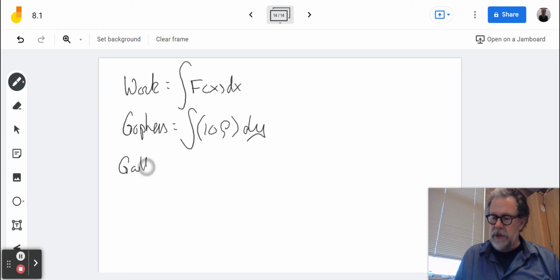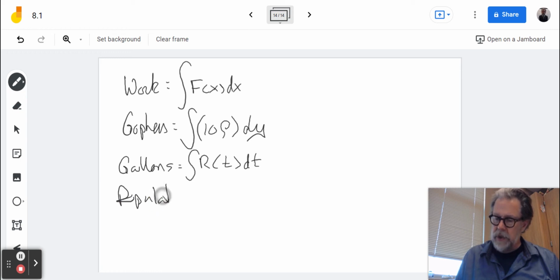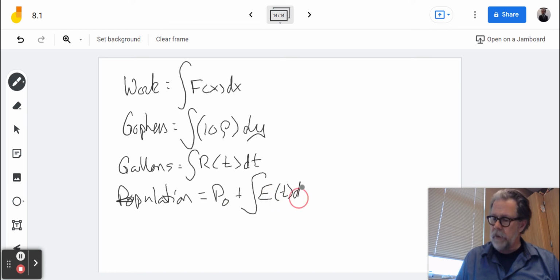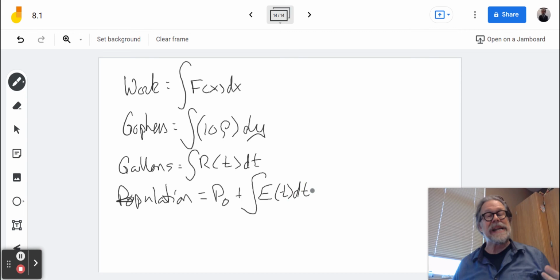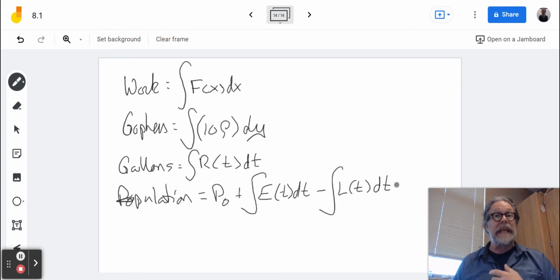We had gallons, which was the integral of the rate of pumping, area under the rate curve. We had population, and this was the amusement park problem. Remember, you had some initial population. You were adding how many people had entered, which is the area under the entering curve, and you were subtracting how many people had left, which was the area under the leaving curve.